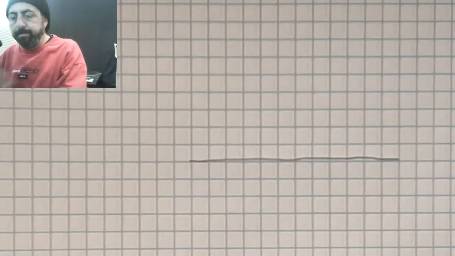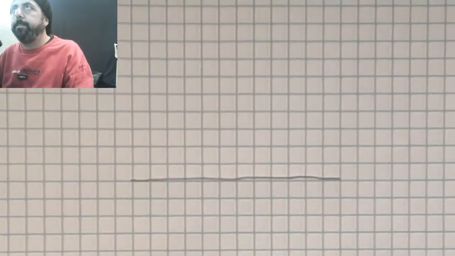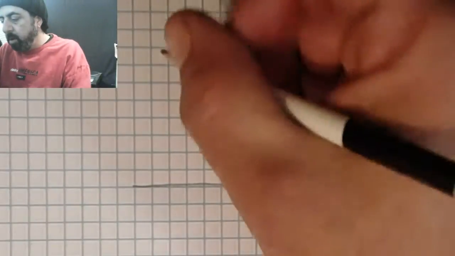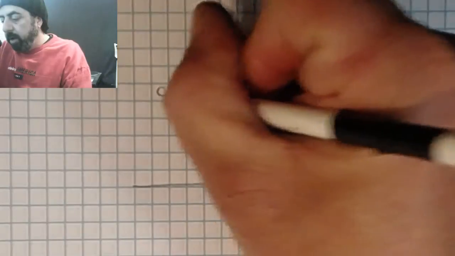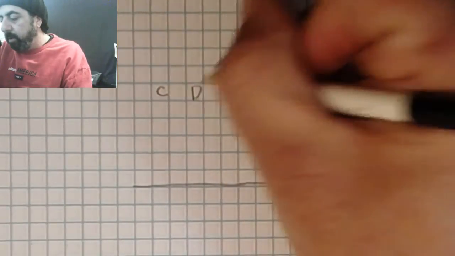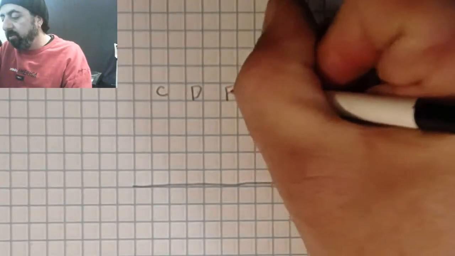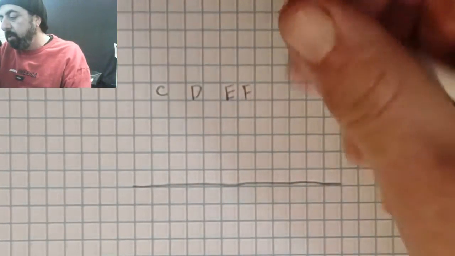Okay, let's write down some note names here. We're going to write down a scale, and when we write down the scale, we're going to skip some boxes, because in between certain notes, there are other notes, and in between some notes, there aren't any notes.